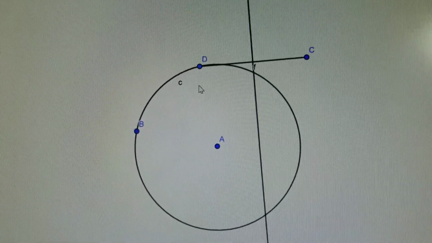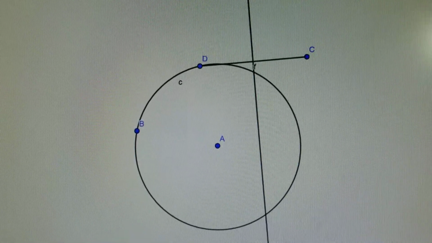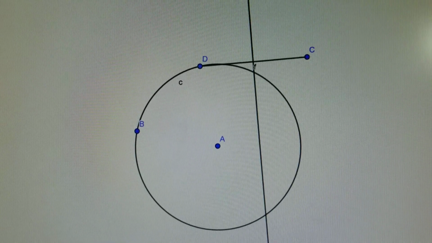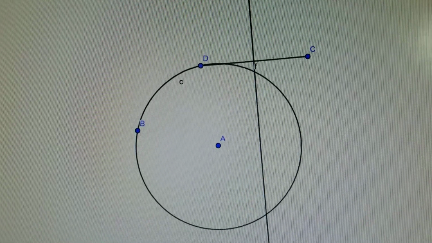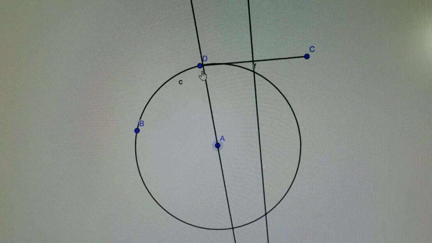Then I'm going to go to the point on my directrix, which is on the circle, and draw a line that passes through the center of the circle and here.